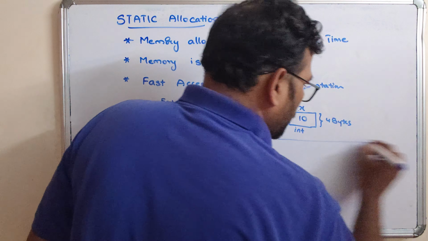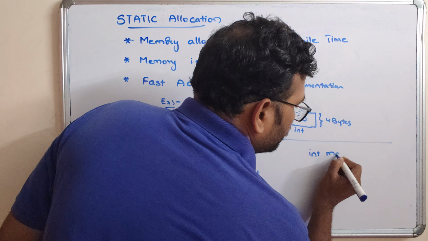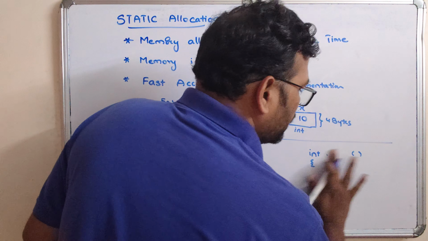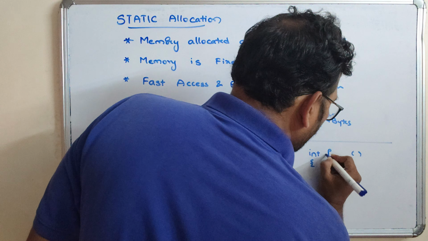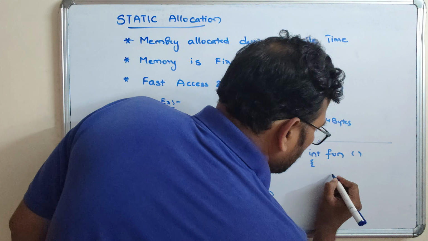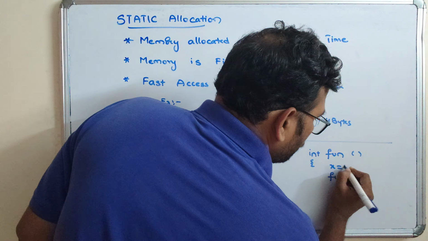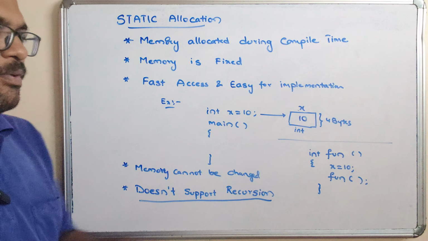Because let us take this example: I'll write an int main function, and recursion means a function calling itself. So I'll write some function, and inside it again I'll call the same function, with x = 10. This is an example of recursion.